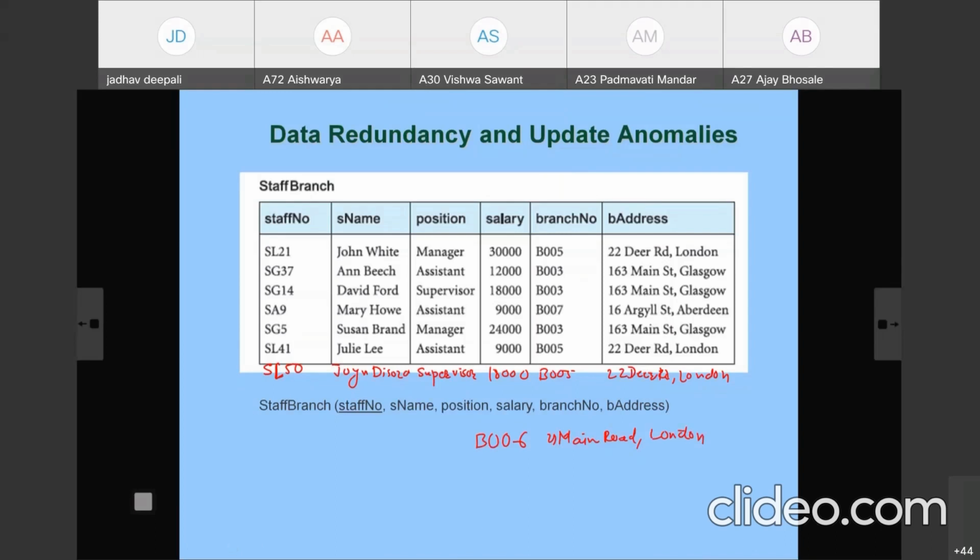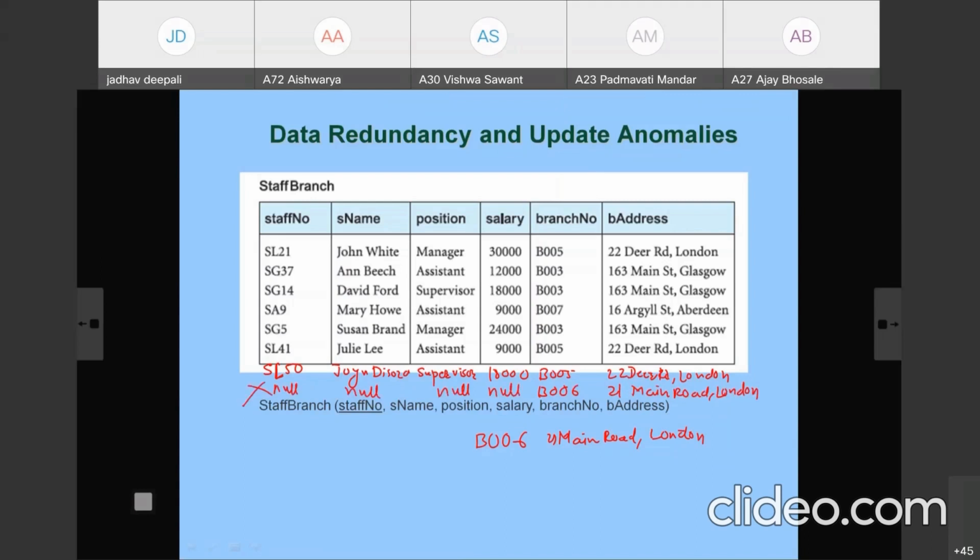I can insert it like this: B006, 21 Main Road, London. Then what about the remaining attributes? We need to add null values. But we cannot do this.